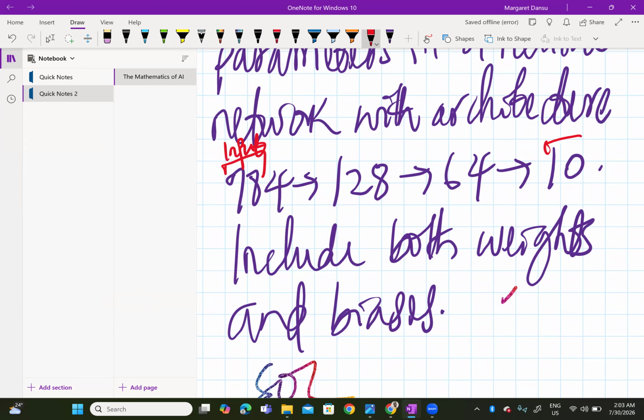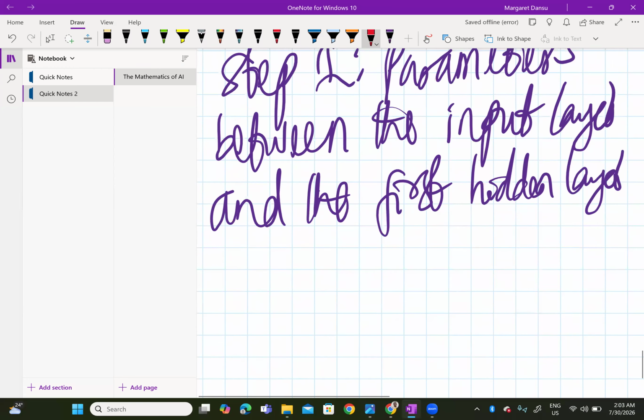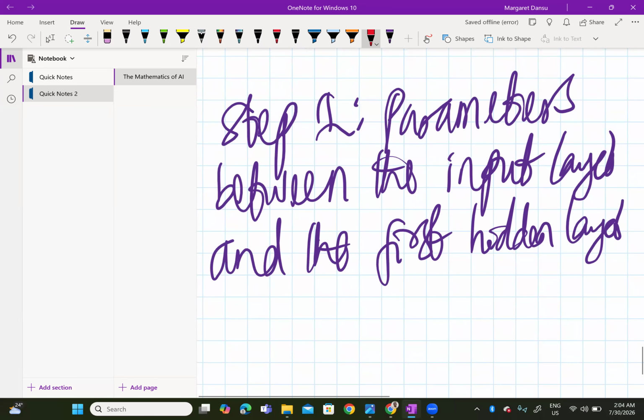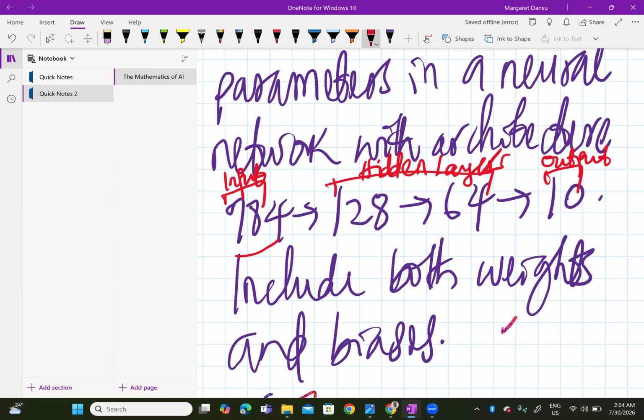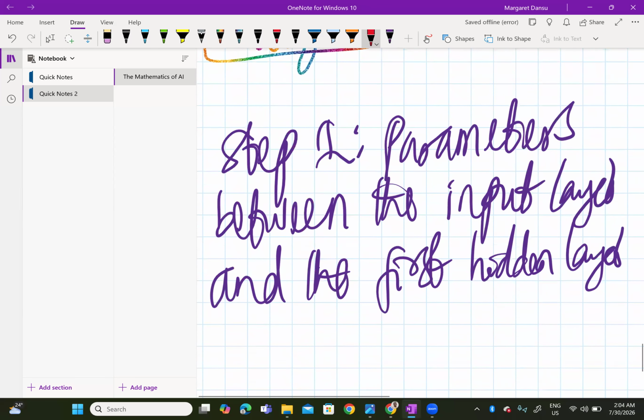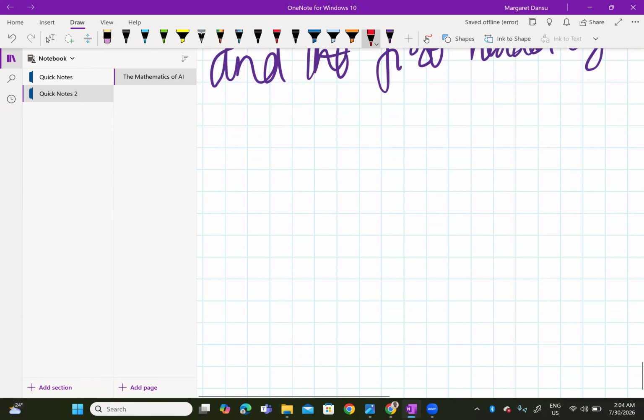Then at the last level is the output layer. Then everything in between can be said to be the hidden layers. So you have two hidden layers, the input, the hidden layers, and the output. So the input layer is 784. The hidden layer you have 128, right? So let's see how that works.